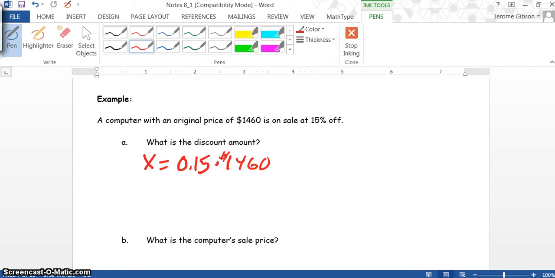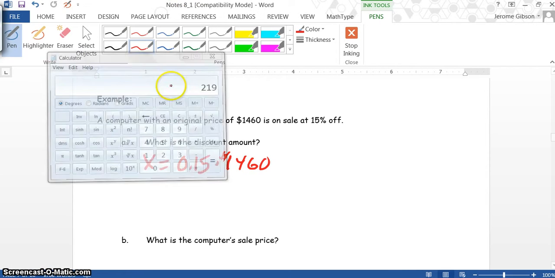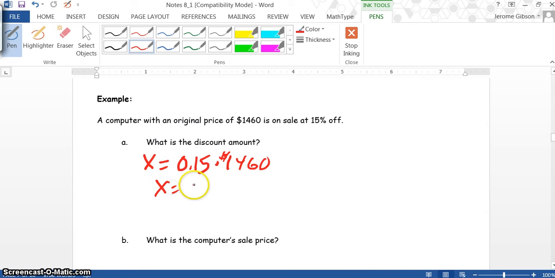So now we would take our calculator, we would take 0.15 times 1,460, and that would give us $219. This is how much is the discount amount.